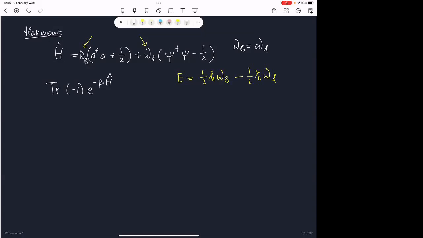Then just compute the trace of (-1)^F times e to minus beta H. You can do this even without using path integrals, at least for the bosonic case, it's easy because you know the exact result. Then just compute it and you will get just 1. So it's just 1 for the harmonic oscillator.